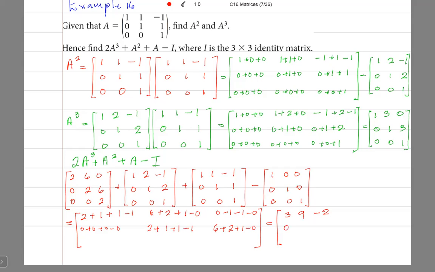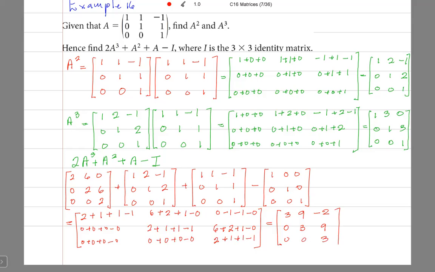So here would be 0, 3, 9. Bottom row, 0 plus 0 plus 0 minus 0. Middle, 0 plus 0 plus 0 minus 0. Right, 2 plus 1 plus 1 minus 1. So it's 0, 0, 3.